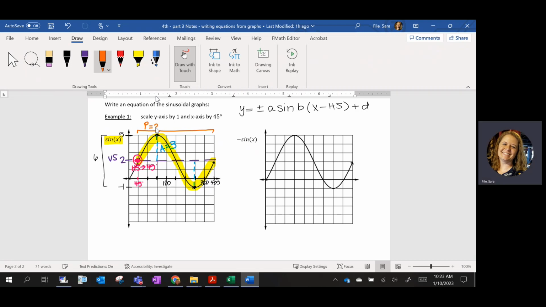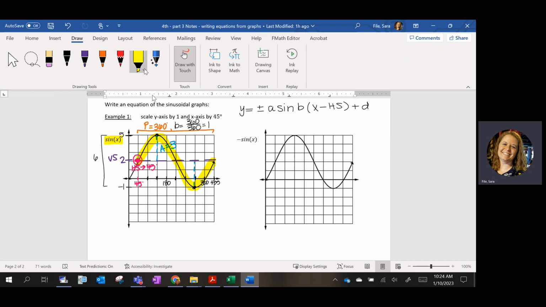So the period is 360. So that means my B value is 360 divided by the period, which is also 360. So what's 360 divided by 360? So the B value is just going to be 1 in my equation.